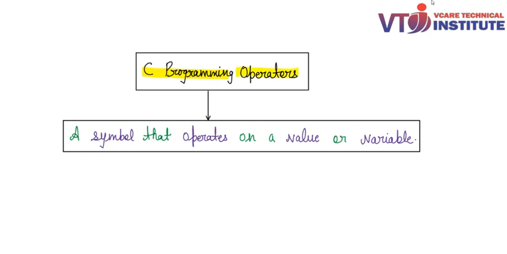So basically, an operator is a symbol that operates on a value or a variable. Like in our tea making process, as I stated in our first introductory class, in tea making we need sugar, milk, and water.